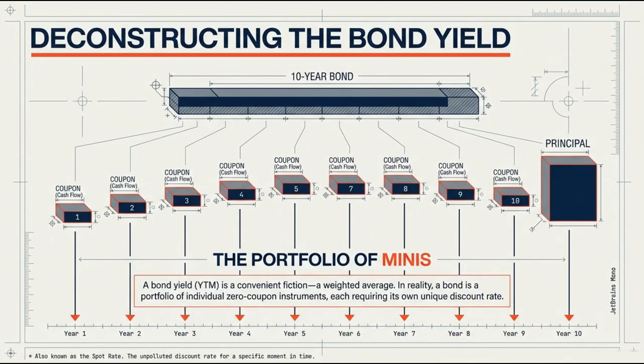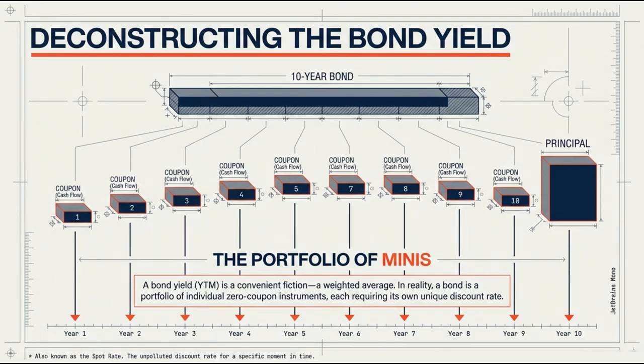Right. To make the bond's present value equal to its current market price, it's really just a weighted average, a blended return. So it's one number that sort of summarizes a whole stream of different payments. Exactly. But the theoretical truth is that each individual cash flow is its own little zero coupon instrument maturing at a different time. I see. A coupon paid in 6 months should be discounted at the 6-month zero rate.